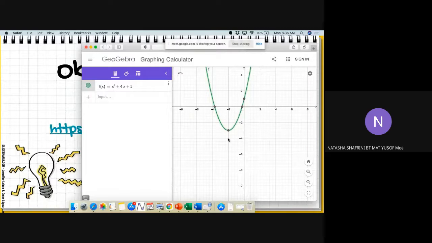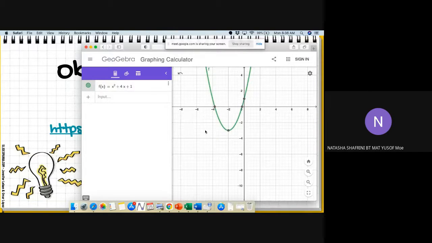Boleh bagi tahu cikgu coordinates of point? -2 and -3. Okay, good. Cara kita tulis adalah dalam bracket, buka bracket, -2, -3, close bracket. Itu how we write the coordinates of points.